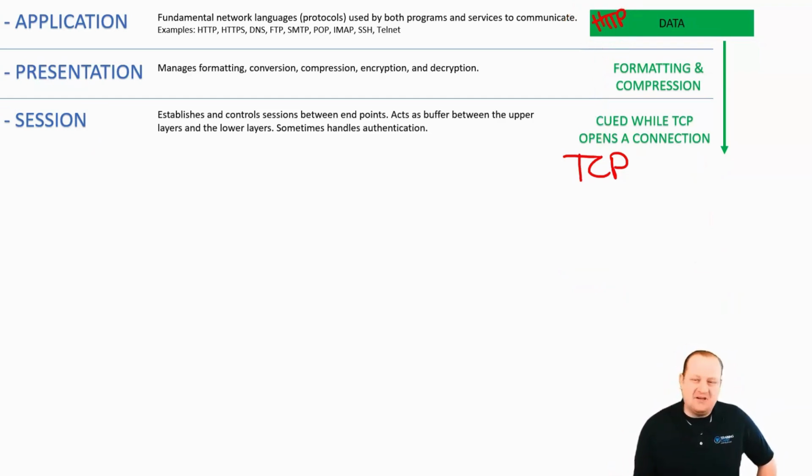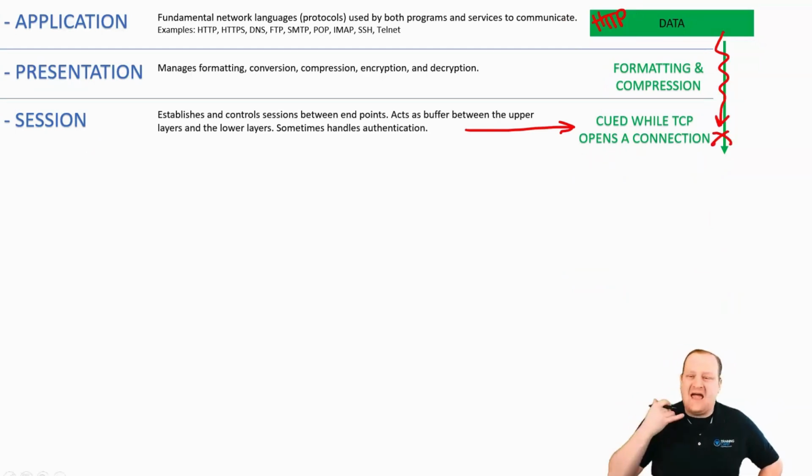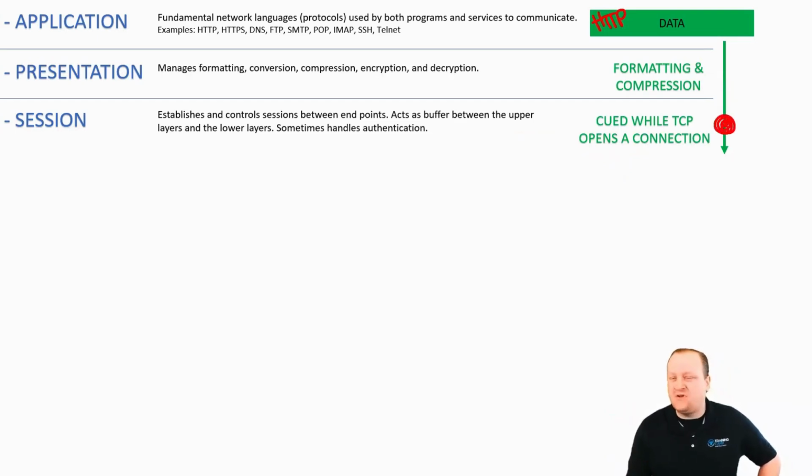So what's going to happen is my session layer is going to hold my message up. My message is getting ready to go. It's, hold up, man. Hold up. While we call ahead, while we make a connection, wait. And once the other side says they're good and ready and that you're welcome, then we'll send you. Otherwise, hold your horses. You're staying right here. So we're going to hold our message here while TCP opens a connection, makes reservations, and calls ahead.